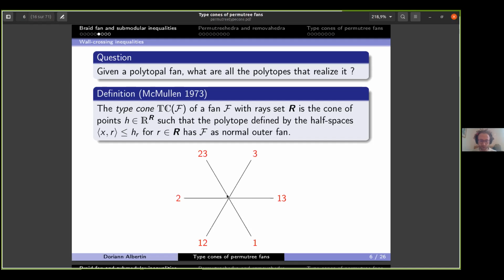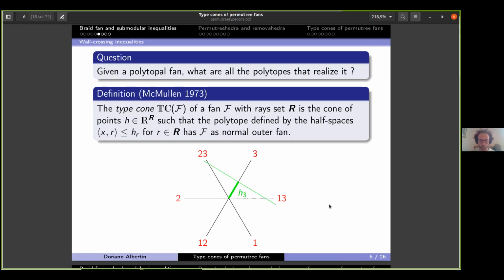And I will explain on an example, it will be much easier. So you take your favorite fan, and then you pick a ray, say the ray 3, and to build a polytope whose normal fan is this fan, you will need to have a facet corresponding to this ray. So you pick just a distance from the origin, a height along the ray 3, and this is where you'll put a hyperplane to define a half space.